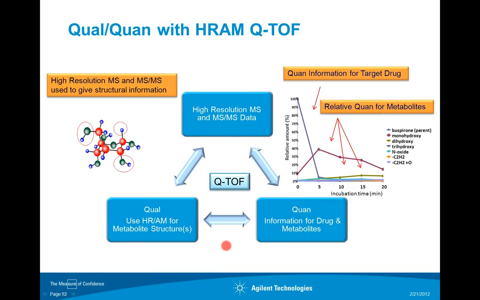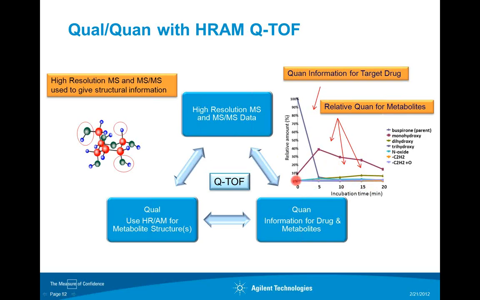For the quantitation, we leverage the high mass accuracy capability of the Q-TOF, and we use a very narrow mass extraction window, typically 10 ppm, to obtain highly selective MS data for the quantitation.